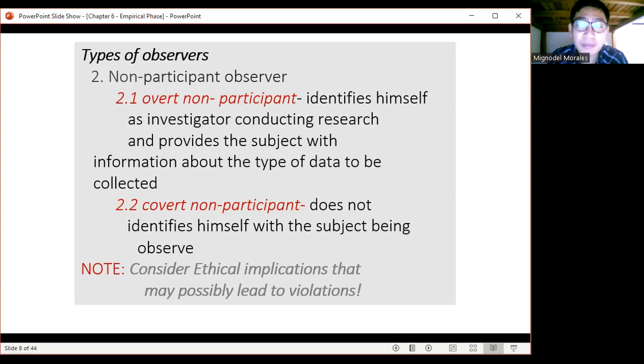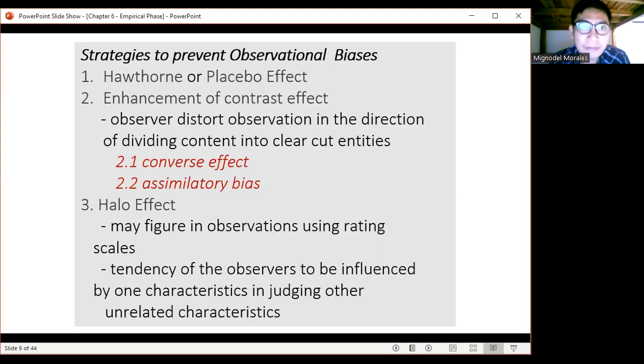However, in the covert non-participant observer, you are observing them without their knowledge. So there is an ethical question; consider the ethical implications that may possibly lead to violation of ethical principles. These are strategies to prevent observational biases. First is the Hawthorne or placebo effect.